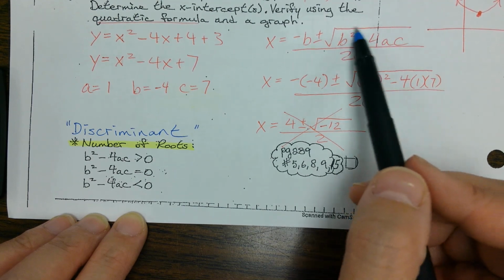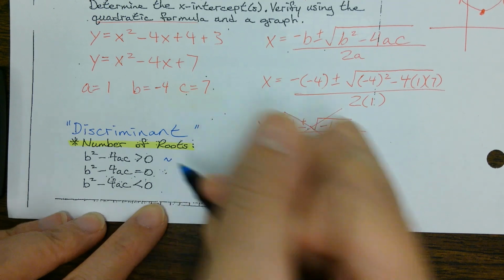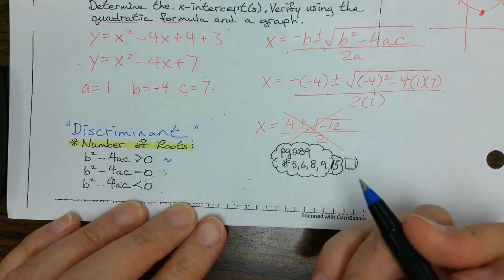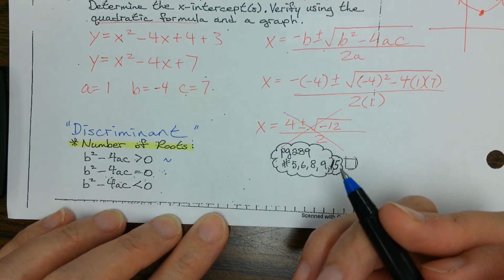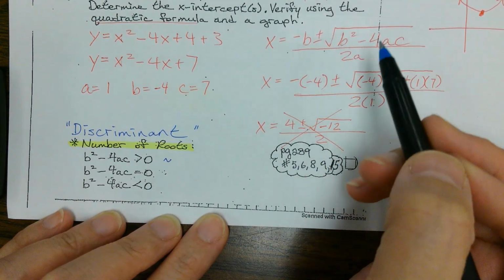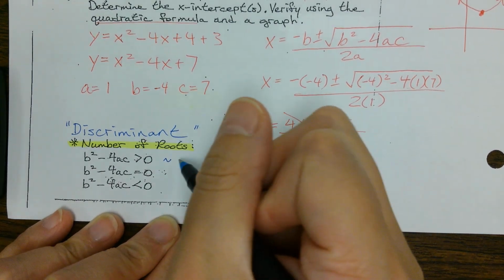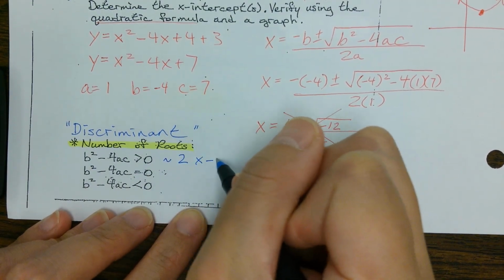So if we can get a positive number in the square root, then how many x-intercepts are there? If we get a positive number, then it's math as usual. We would get 2 x-intercepts.